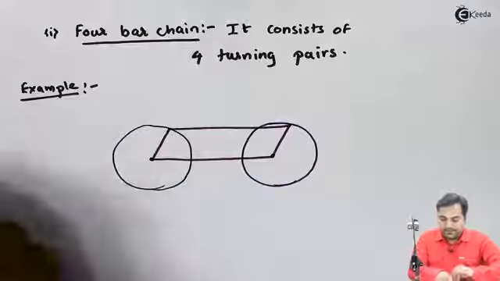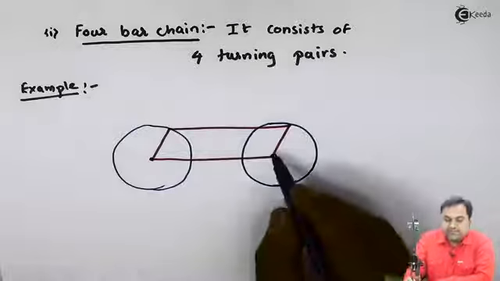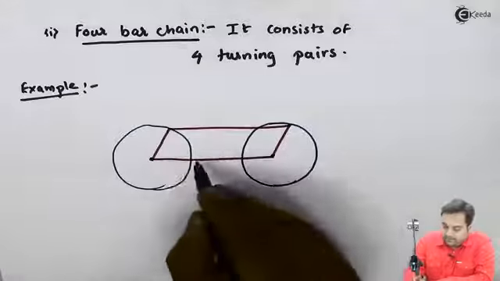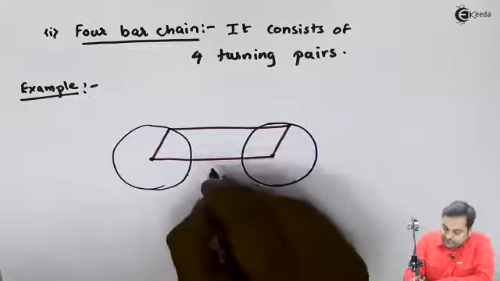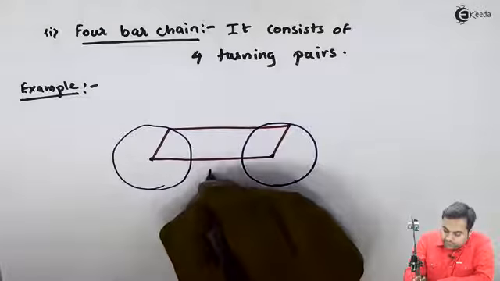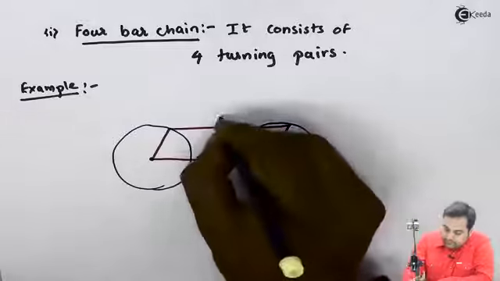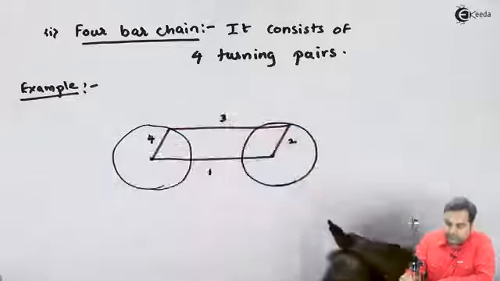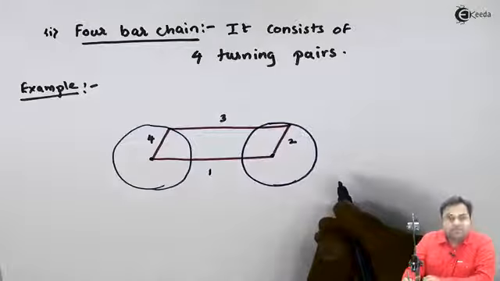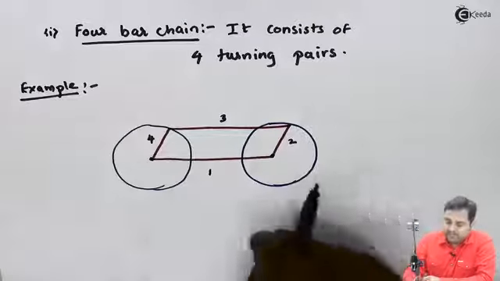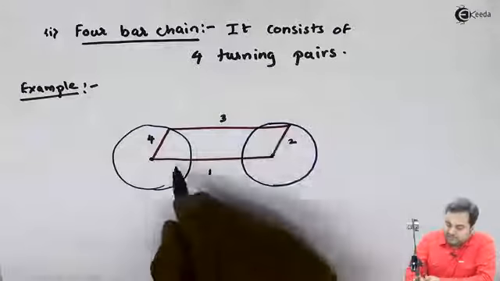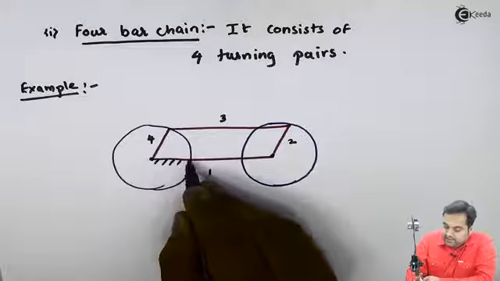Now, here I have drawn the diagram of a 4-bar chain example, in which we have 4 links. Here we have link 1, this is link 2, link 3 and link 4. Now, as per the definition of inversion, I will keep one link fixed. Here I'll keep link 1 fixed.